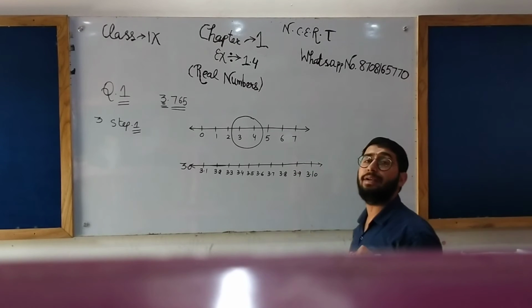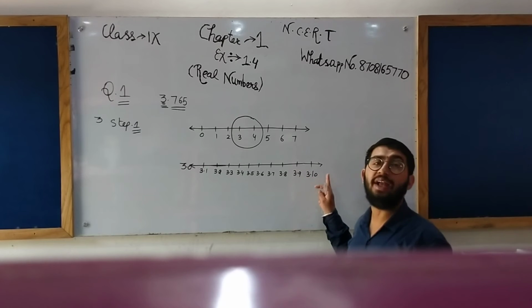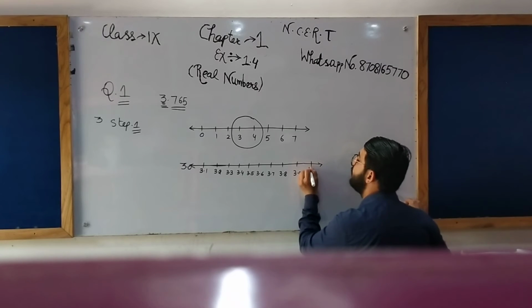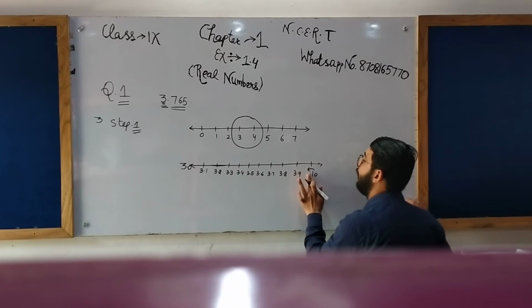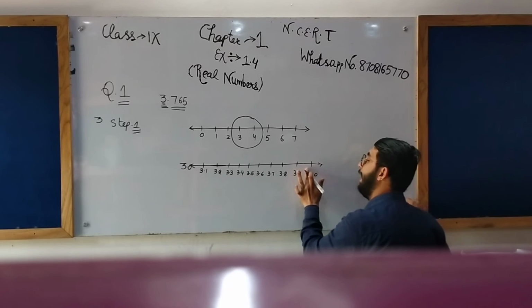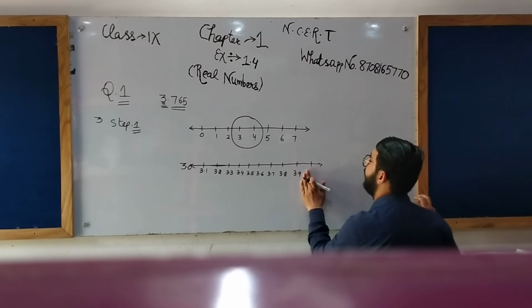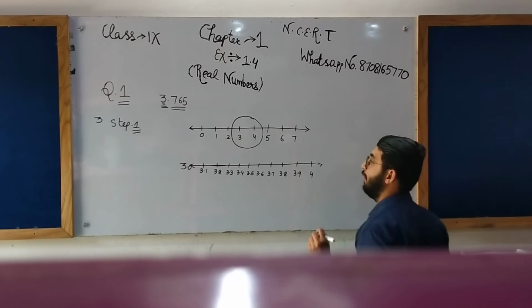But I can't write it as 3.10, so I have to shift this 1 here. Then it will be 4.0, so it can be written as 4 only.